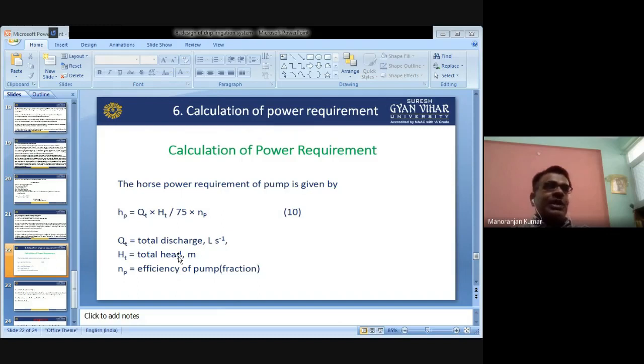HT is the total head, meaning head loss in the emitter plus head loss in the lateral plus head loss in the submain plus head loss in the main line plus head loss in the filter. So all these head losses you have to add.